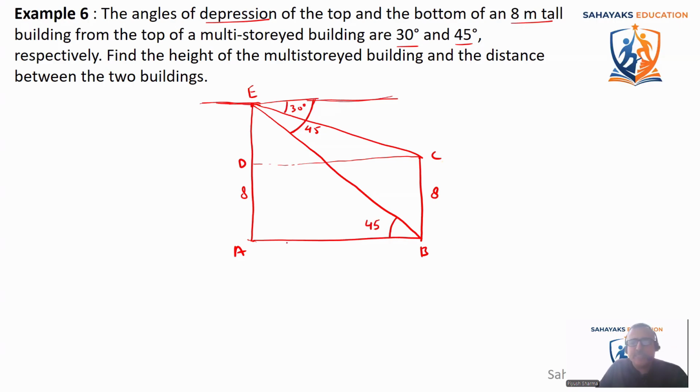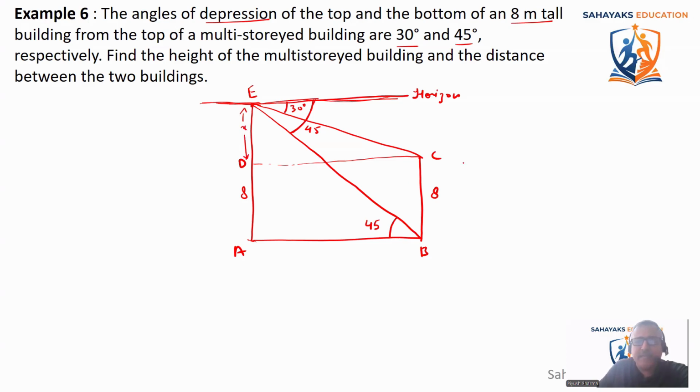See, this AB line is also horizon, and the line passing through E is also horizon. So both are 45 degrees. I'll consider this distance D as x.